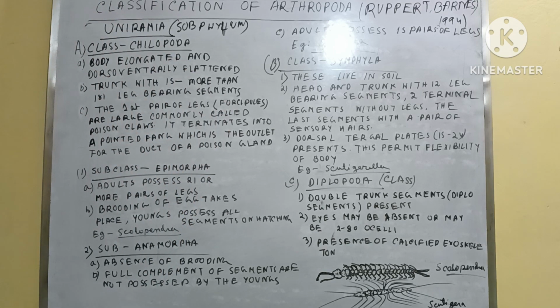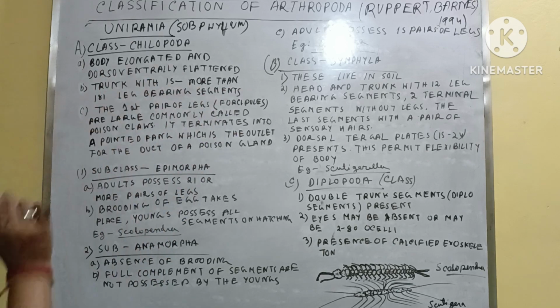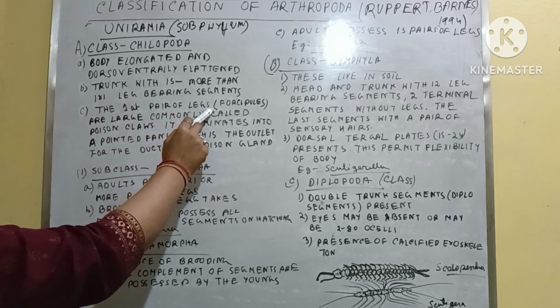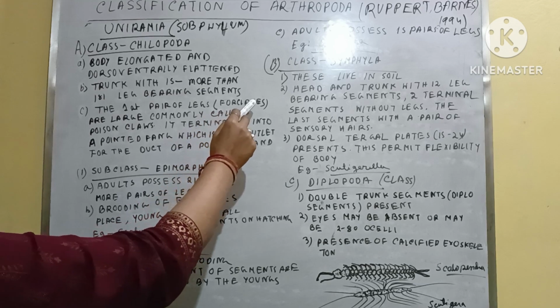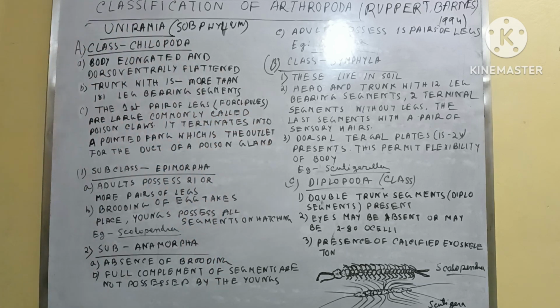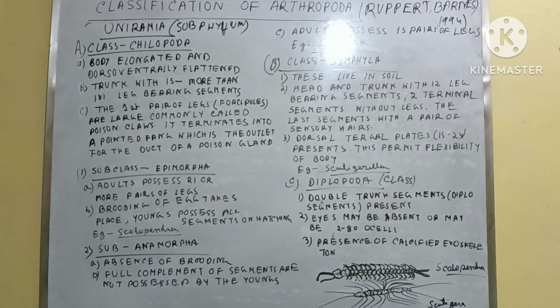The third point is that the first pair of legs is called the forcipules. These are large and commonly called poison claws.